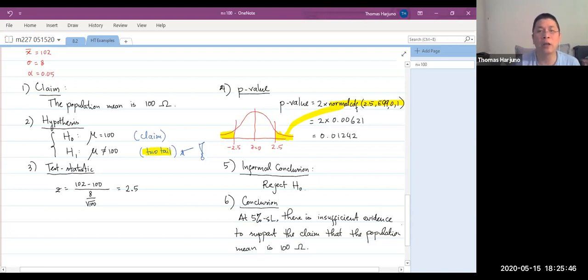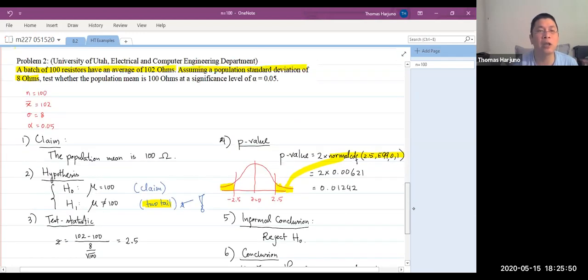Now, just out of curiosity, what if I change this instead to become S? So instead of using the population standard deviation, we use this as the sample standard deviation. The change will be in step 3. Instead of the Z test statistic, the test statistic will be T equals 2.5.